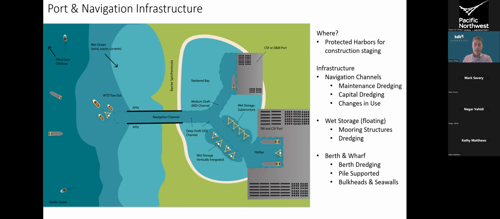And then, of course, you've got the berth and wharf, so you could have dredging there to get from the channel to the actual wharf structure, pile supported type structures, bulkheads, seawalls. So the typical kind of port infrastructure, but especially for those port types that I showed more on the left and upper part of the screen, these may be purpose built. They may not exist currently, so they may need to be built from scratch and have that future proofing consideration.